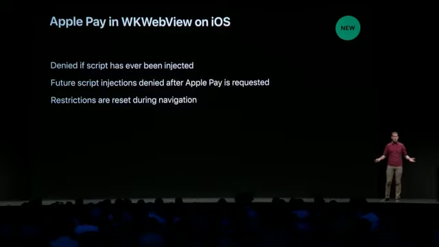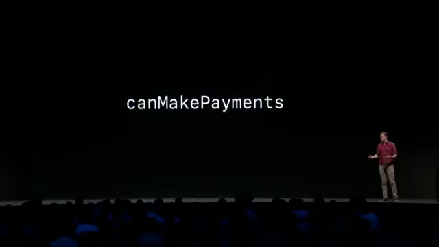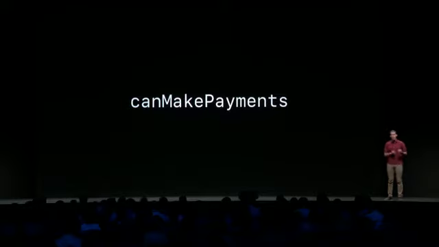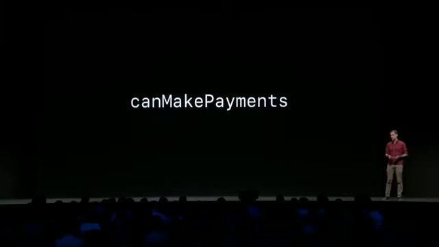So what does all of this mean? If you're a web developer, it's really important that you call canMakePayments before you attempt to show an Apple Pay button or even start anything with Apple Pay. This way, your users will never encounter a situation where an Apple Pay button is shown and tapping on it doesn't do anything because it's been disabled.